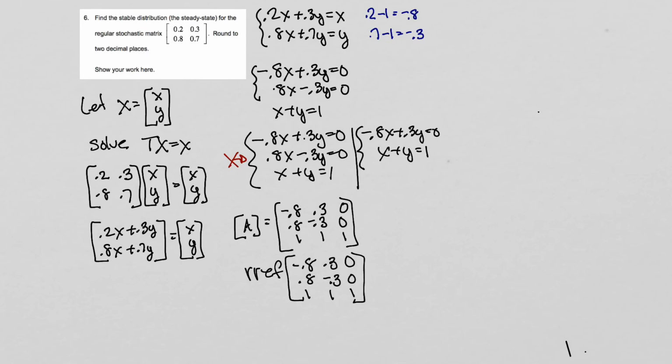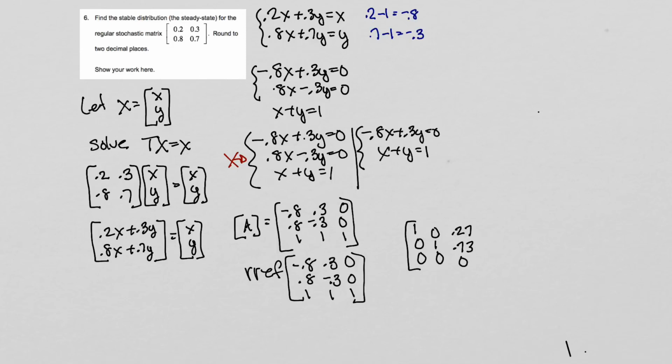Now when I do that, I'm getting this. I'll just go down the columns. I'm getting 1, 0, 0, 0, 1, 0, and then I'm going to round off here, 0.27, 0.73. Actually, if I round this off, this comes out to 0.73, so let's go with that.